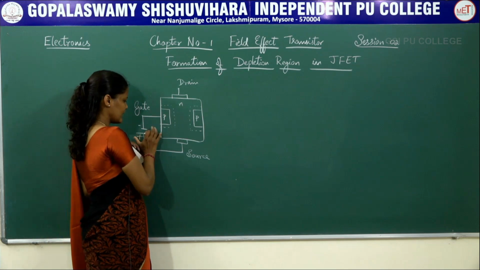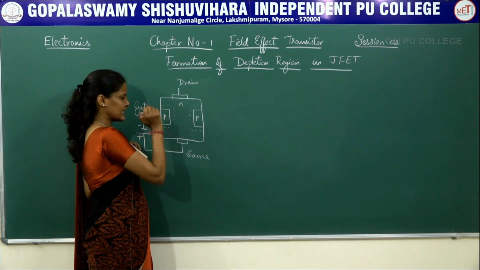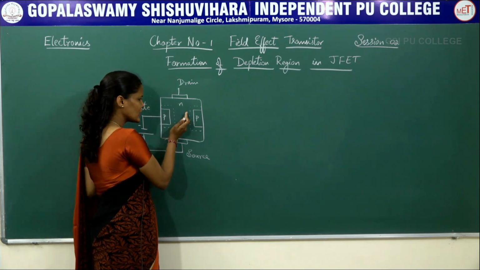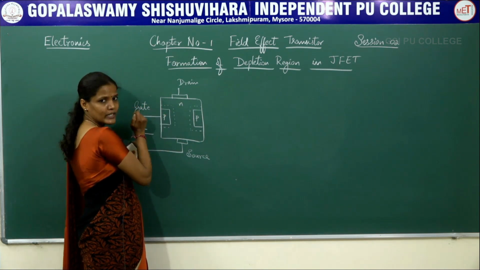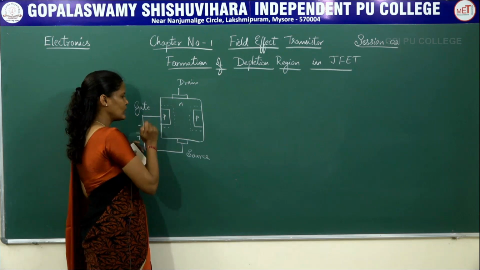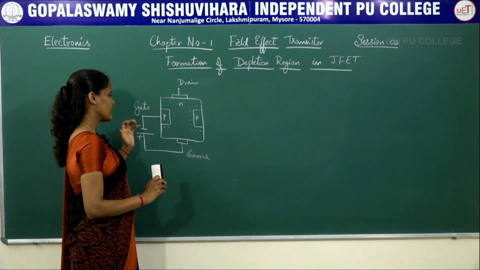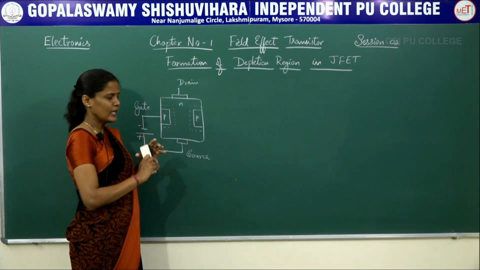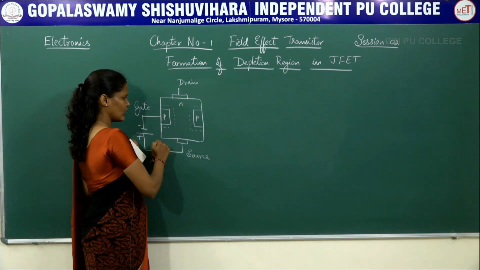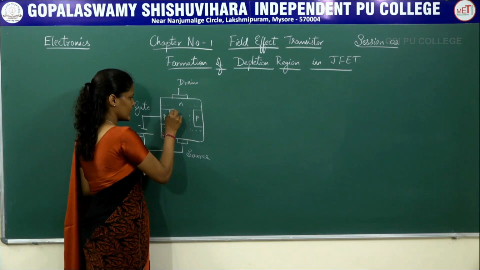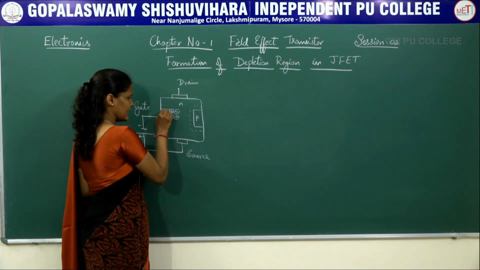As the reverse bias voltage increases, electrons start diffusing from the n-type to the p-type, crossing the junction, and the holes start diffusing from the p-type to the n-type. As the electrons from the n-type diffuse into the p-type, there will be formation of positive ions on the n side and negative ions on the p side.